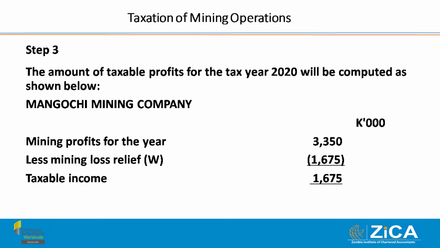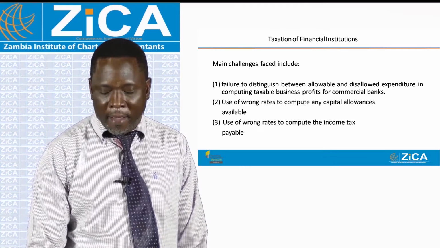And from the previous working step 2, we have just established that out of the total loss incurred by this company, we can only offset 1,675. So from the 3,350, when we deduct 1,675, the final taxable income for Mangochi company will be 1,675.